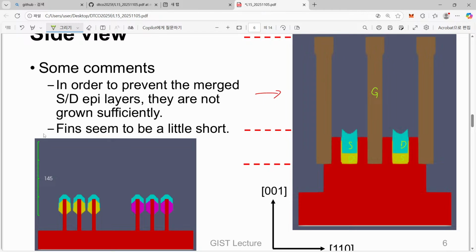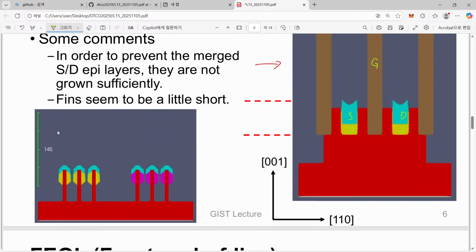This is the structure in our vertical direction, and this is the channel direction. If we have a look at different sides, that is still the vertical direction, but now this direction is our so-called Y direction.